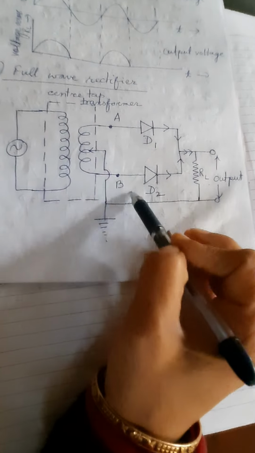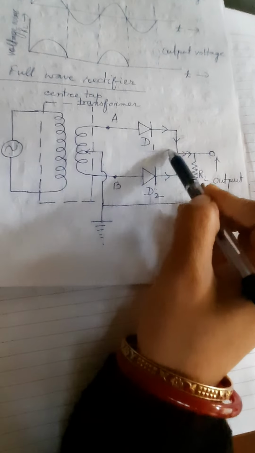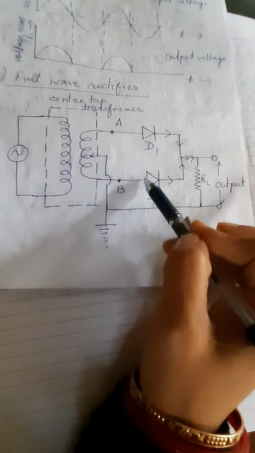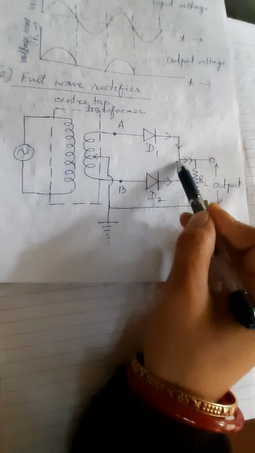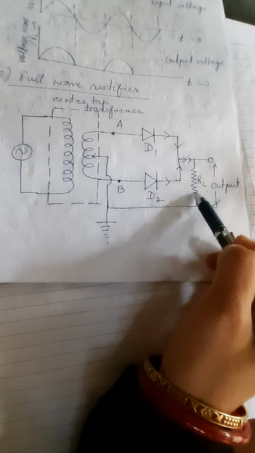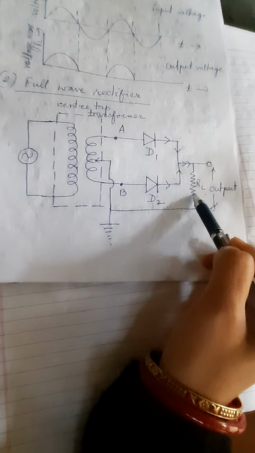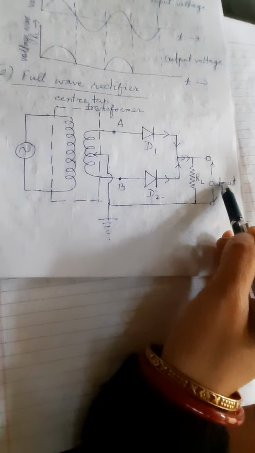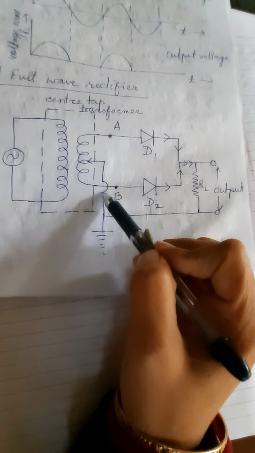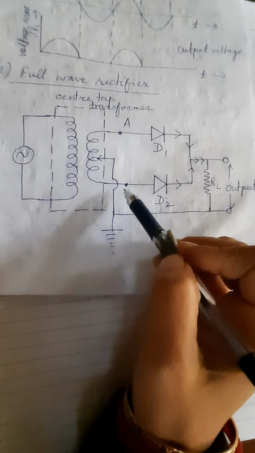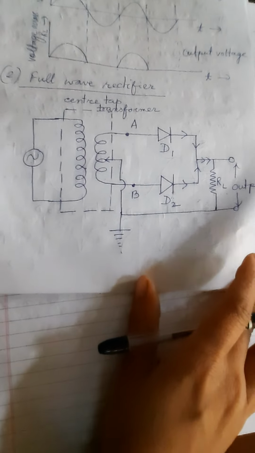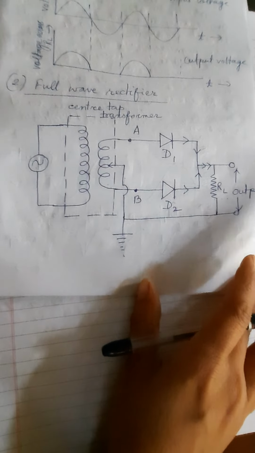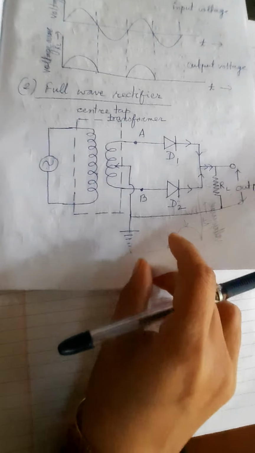Similarly, for the negative half cycle, due to mutual induction, A is acting as negative, B as positive. Now D2 is in forward bias and D1 is in reverse bias. So D2 conducts, current flows through D2 and then through the resistor, and we have the output. So in the full wave rectifier we have the output for both cycles. Here is the diagram.